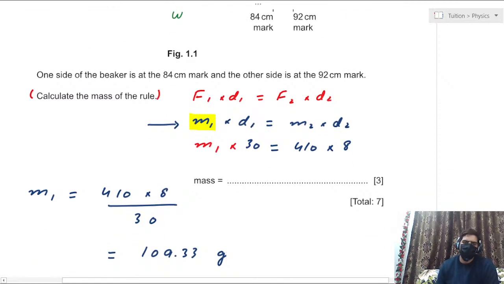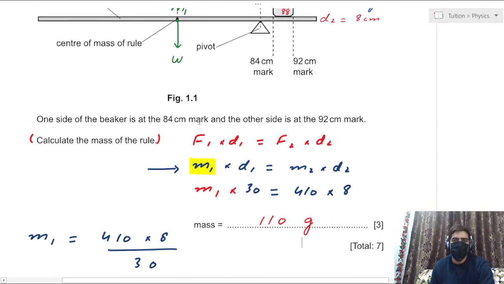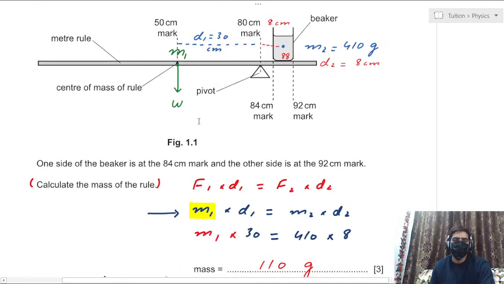You can round it off to 110 grams. So that is the answer for this one.